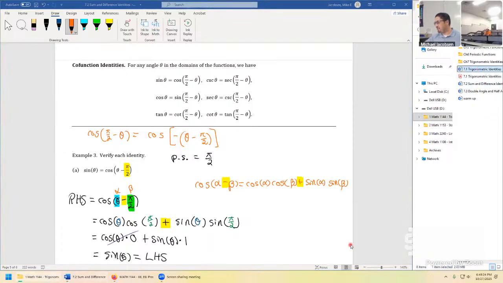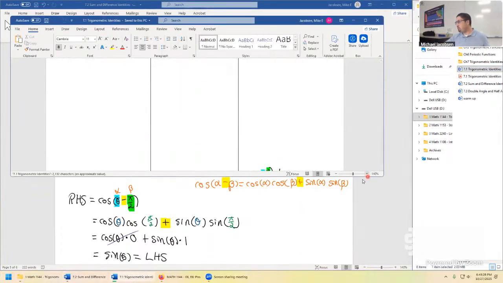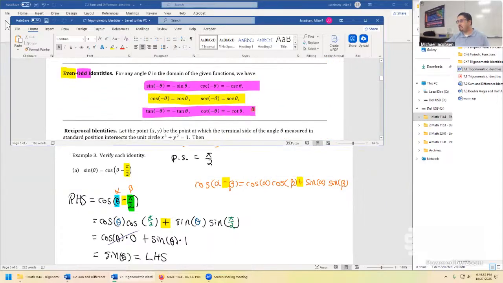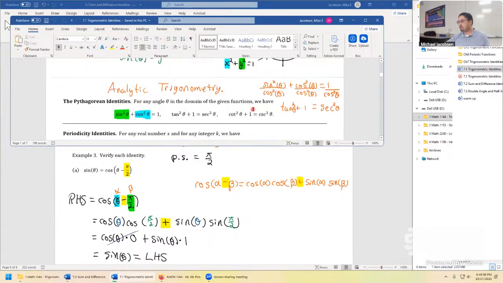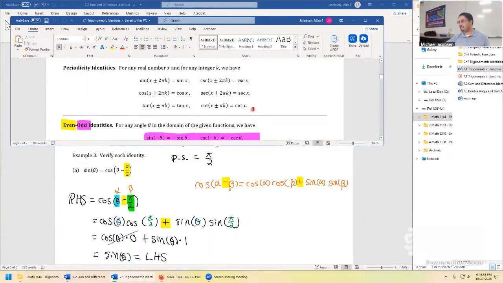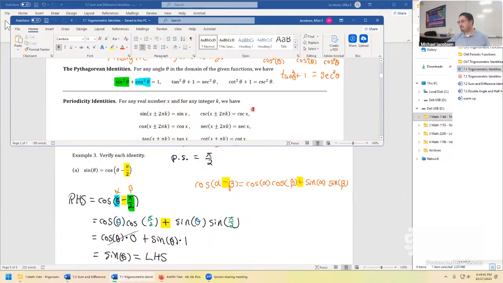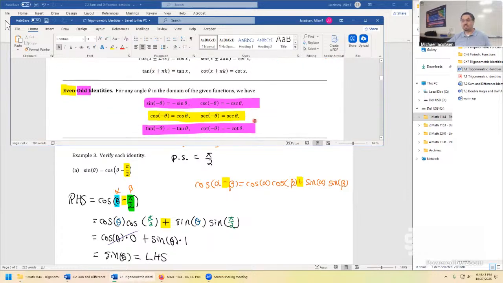Let's take a tour here. 7.1 has a resolution to just this situation where it tells us about the even and odd identities, finally. So cosine is special.